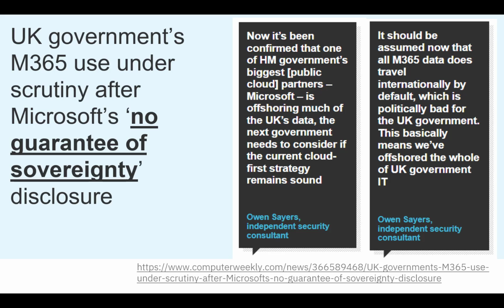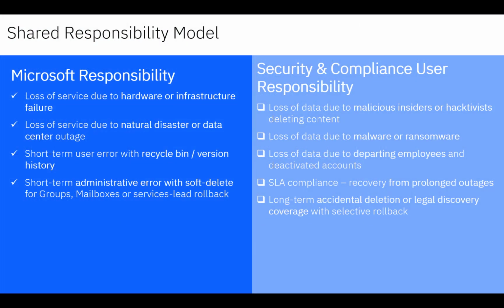Microsoft in the UK could not guarantee the sovereignty of the data, which basically means that, in this case, the whole of UK government IT potentially isn't within the United Kingdom, which is a worry because specific sensitive data could be hosted elsewhere. And whilst we know, and we should know, the laws and regulations of the land in which we operate, those laws and regulations might be different where that data ends up or resides.